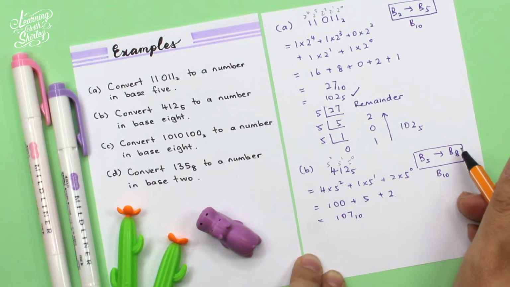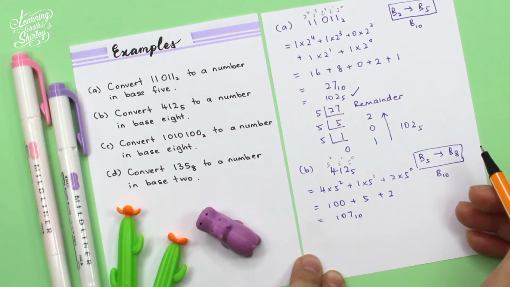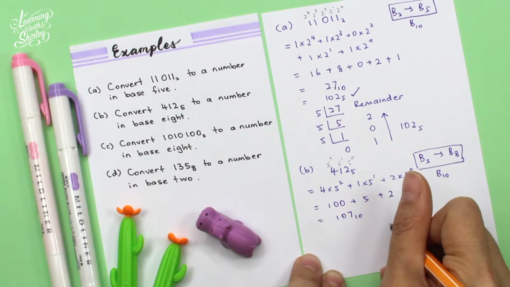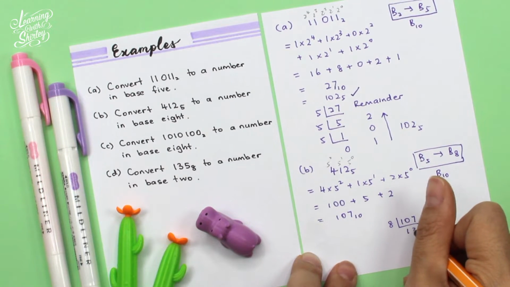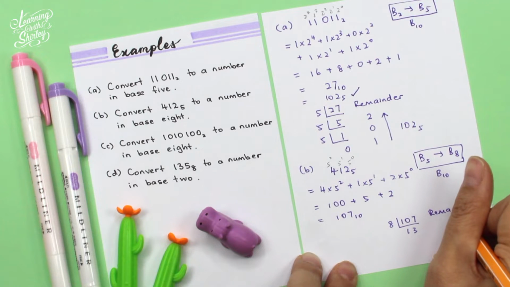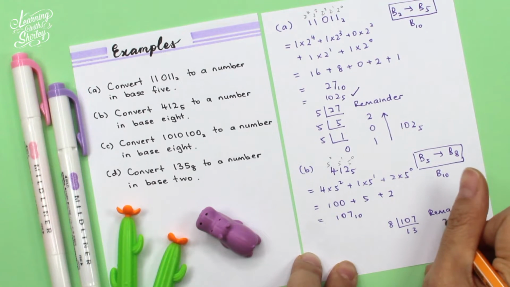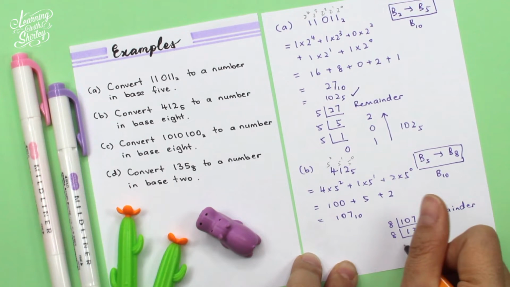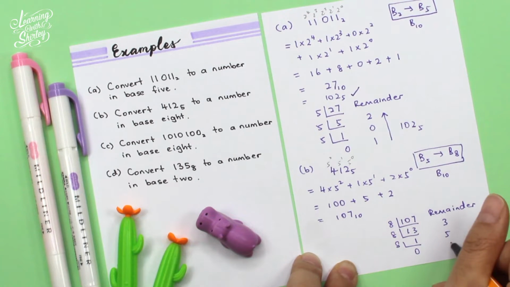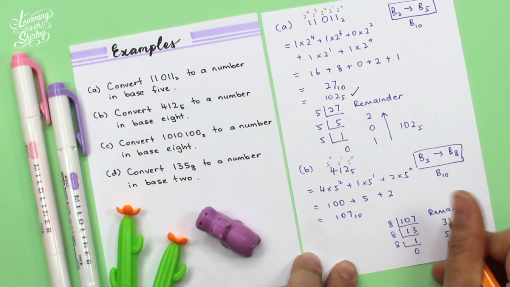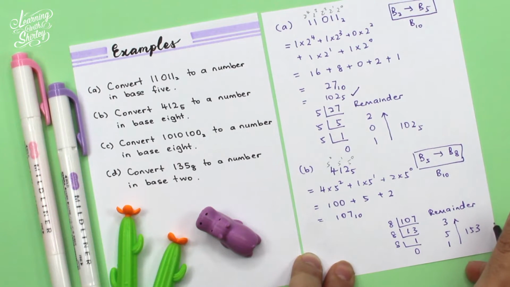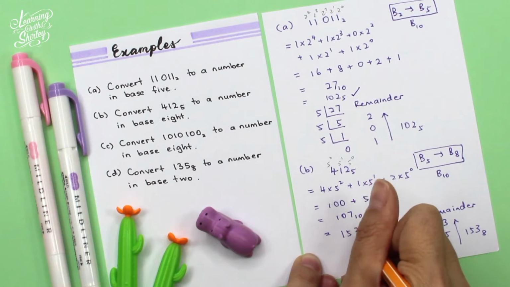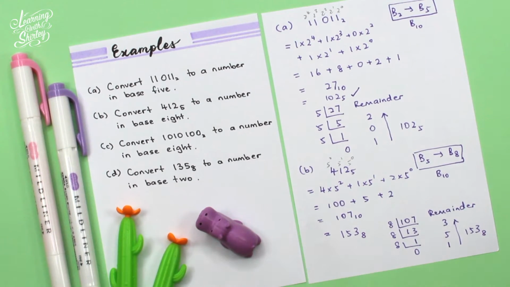Okay, so 107 divided by 8, we get 13, and then there's a remainder, which is 3. Divided by 8 again is 1, remainder is 5. Divided by 8 again is 0, bring down the 1. Okay, so the answer is 153 base 8.